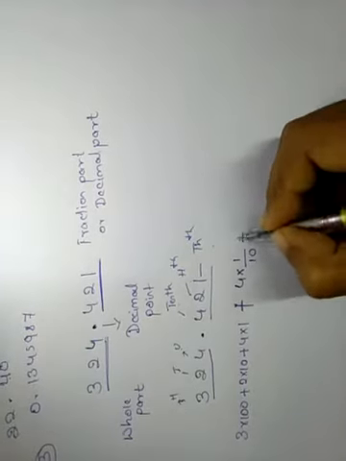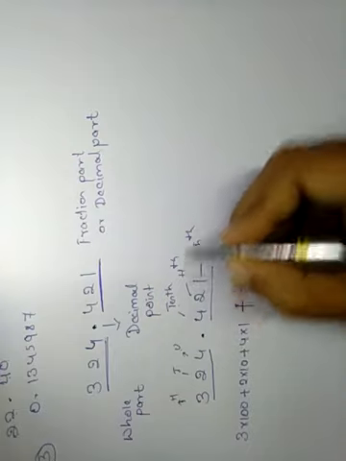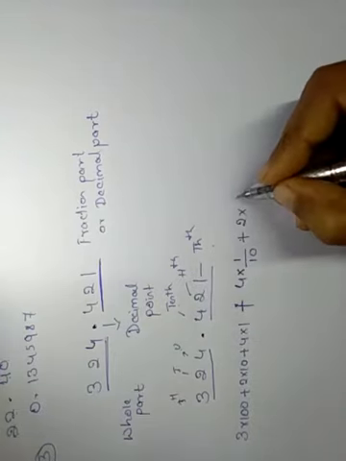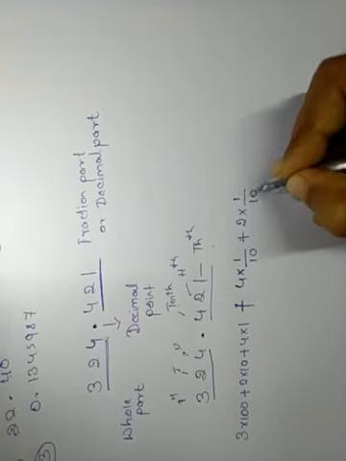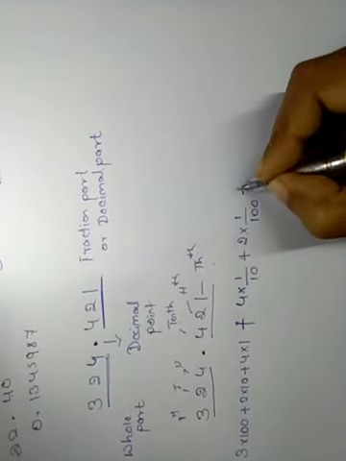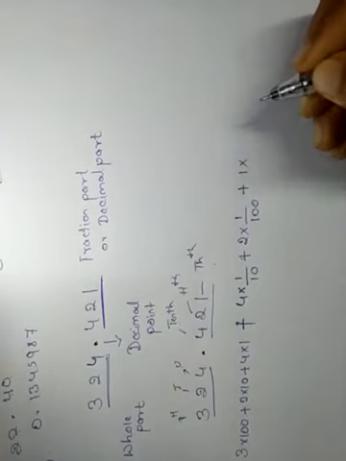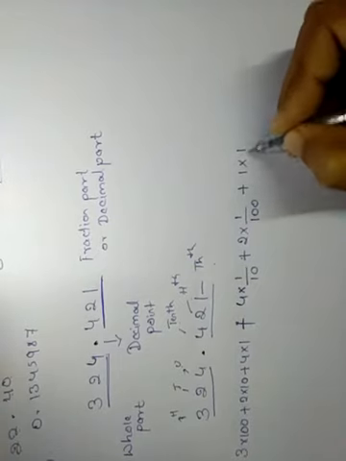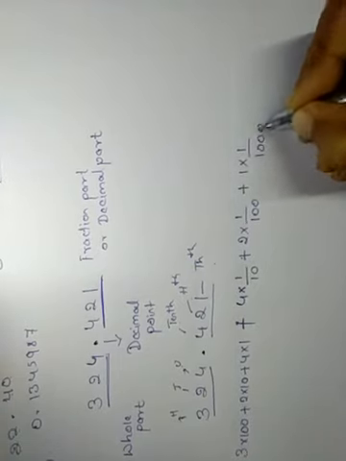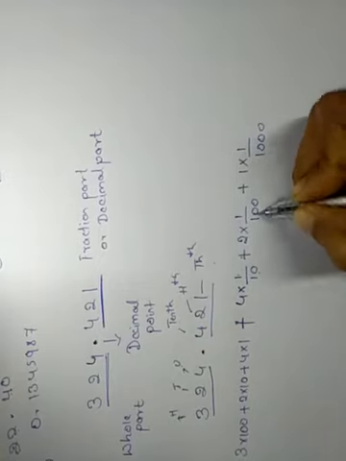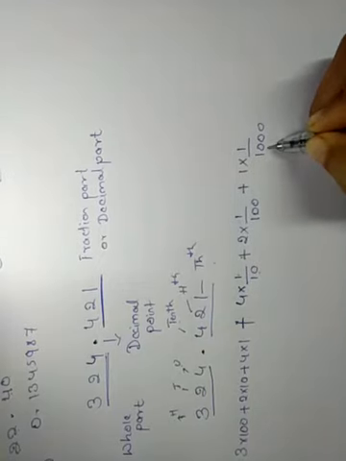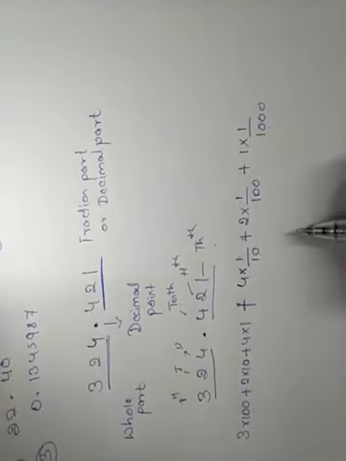Then again plus, 2 is in the hundredth place, so we write 100 in fraction form, that is 1 divided by 100, plus 1 is in the thousandth place, so 1 divided by 1000, isn't it? 1 by 10, 1 by 100, 1 by 1000, these are fraction forms only, right? Yes, this is how we have to write a decimal number in expanded form.